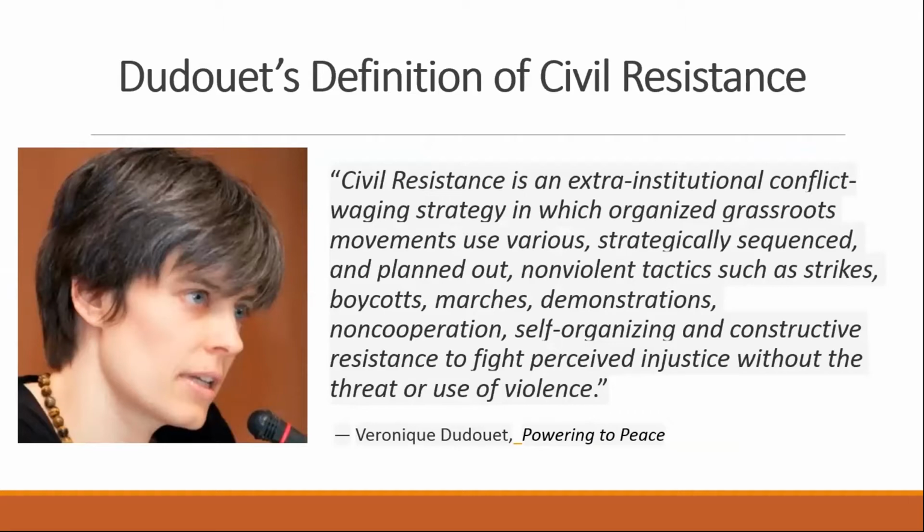Civil resistance is an extra-institutional conflict waging strategy. Let's just look at that part. Extra-institutional means that it's above and beyond the traditional normal channels of democratic change through elections and lobbying, lawsuits, litigation, and various kinds of institutionalized practices. Gandhi once said, if you have those levers available to you in the society that you're in, you should certainly use them.